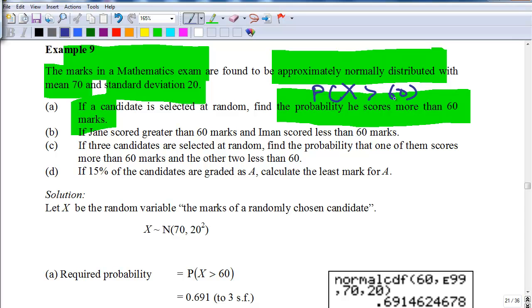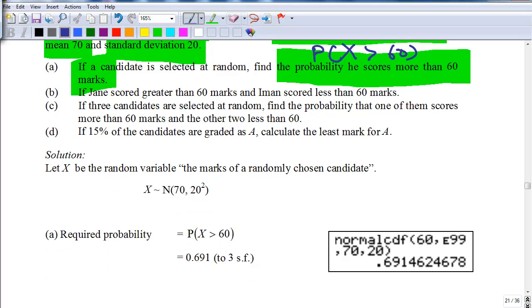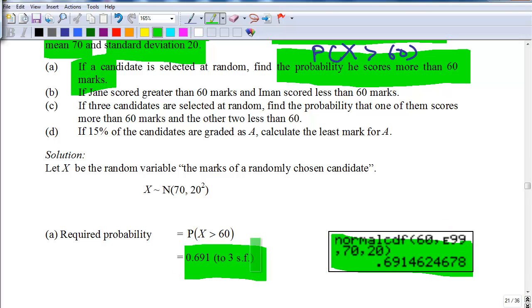Once I've done this, then straight away I can use my GC to key in the correct numbers and get the answer. I can do this because I already know the mean and the standard deviation of this normal random variable. So straight away, answer 0.691.